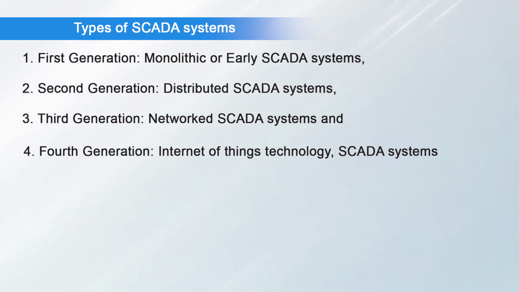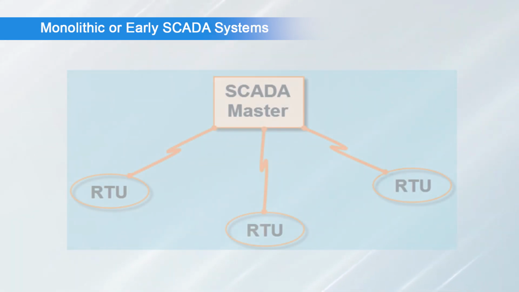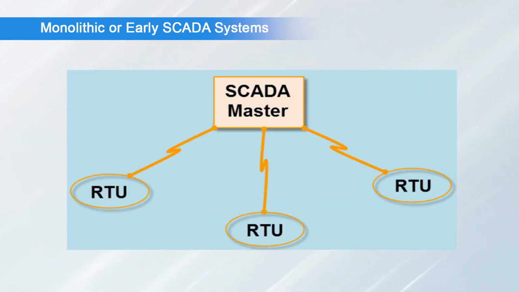First generation is the monolithic, also known as the early SCADA system. Second generation is the distributed SCADA system. Third is the third generation network SCADA system, and last is the fourth generation which includes Internet of Things technology SCADA systems.